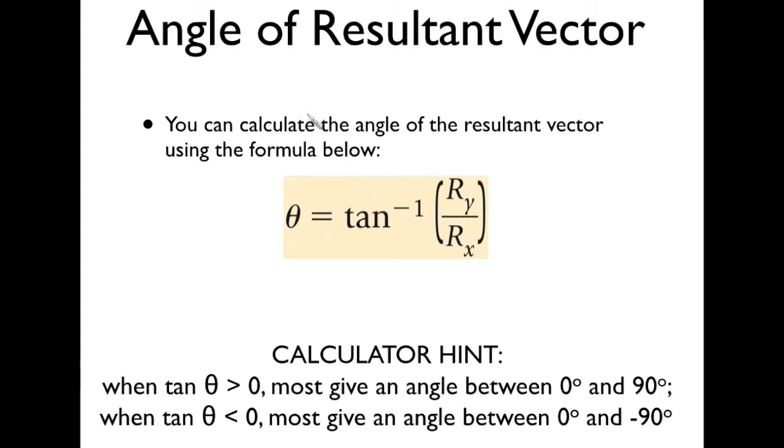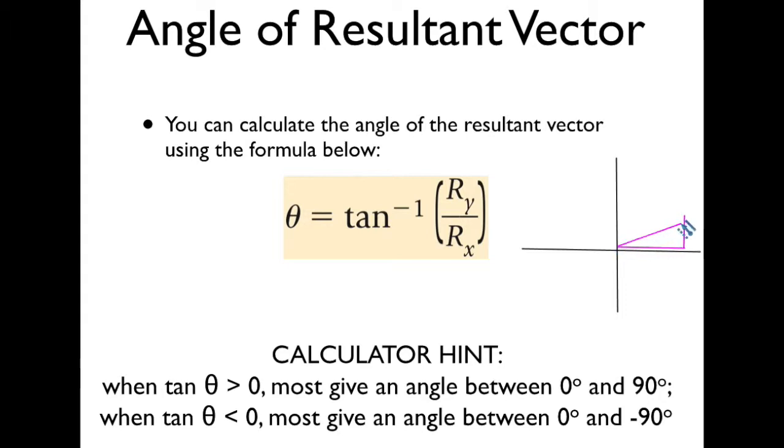So if you want to find that angle of the resultant, again, in that last picture we had a triangle and it kind of looked like this. I'm drawing it a little above the black line so you can see it.